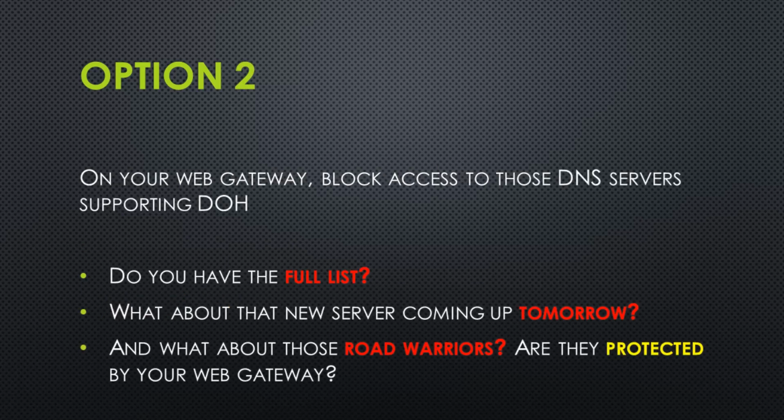Or you can control this on the web gateway side. On your proxy, block access to all those DNS servers supporting DNS over HTTPS. This might be effective, but you need to think about revisiting this list of DNS servers to check any modification of URLs or any new additions.